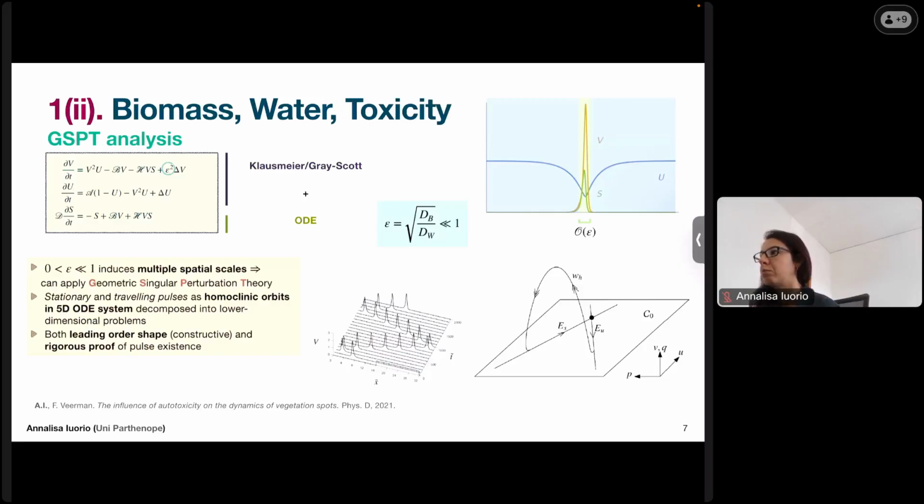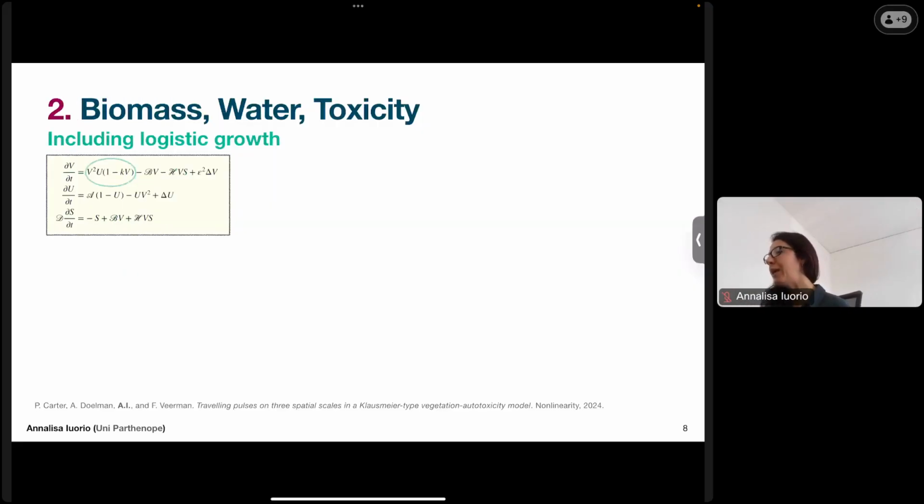So one epsilon is enough. You don't need two small parameters. No. Actually, you anticipate what I am going to say in the next slide, because you don't need it, but you could have more than one small parameter. And this is what we actually got in the model with Paul, Arjen, and Fritz in this paper in 2024, when we included also logistic effects for the biomass growth.